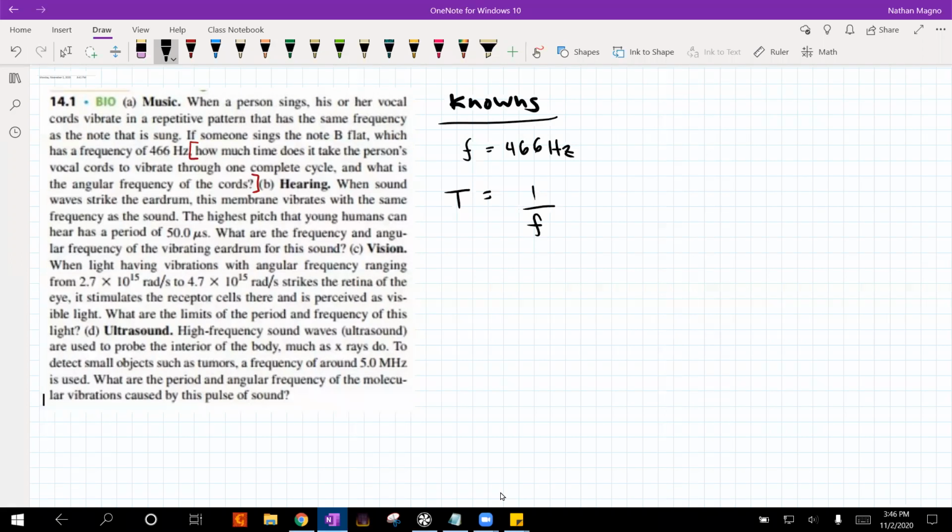So already we have the ability to solve for our period, which is what the question asks, and our angular frequency is 2 pi f. So part A can be solved pretty directly.